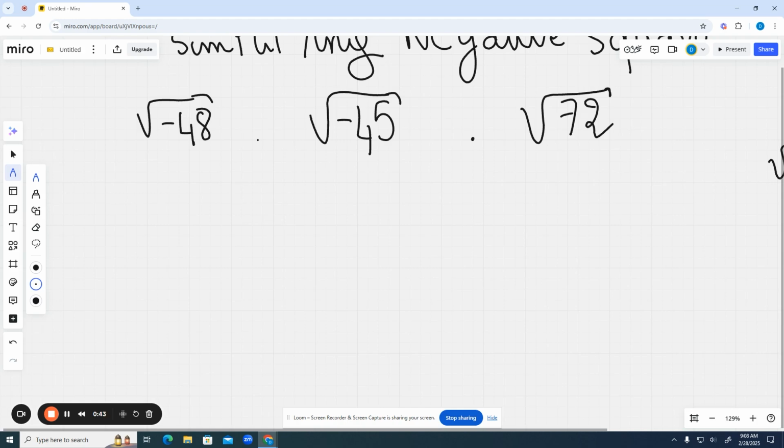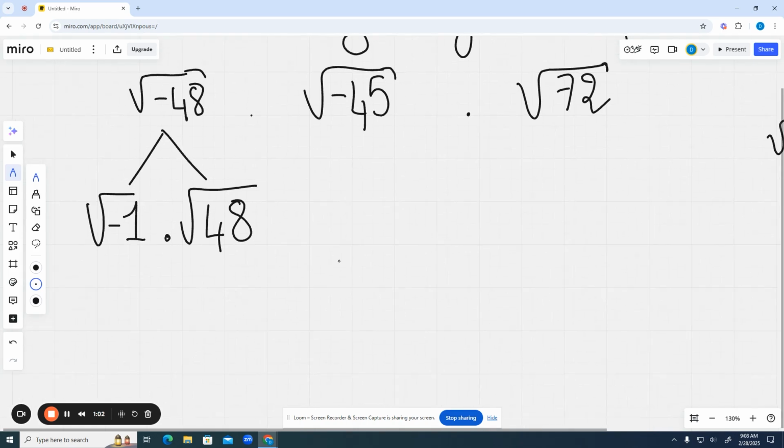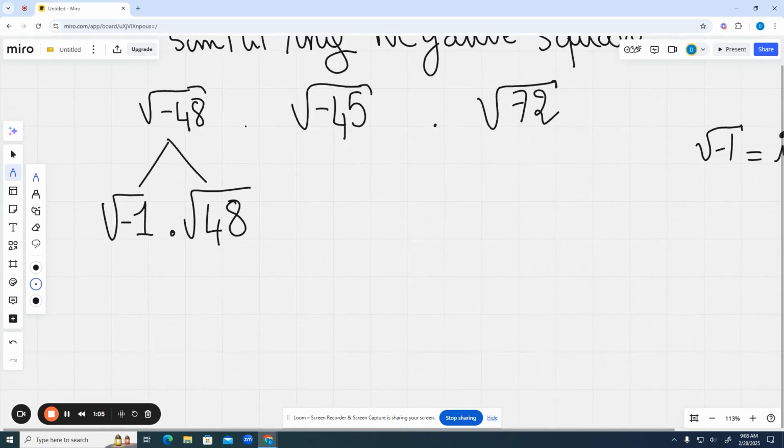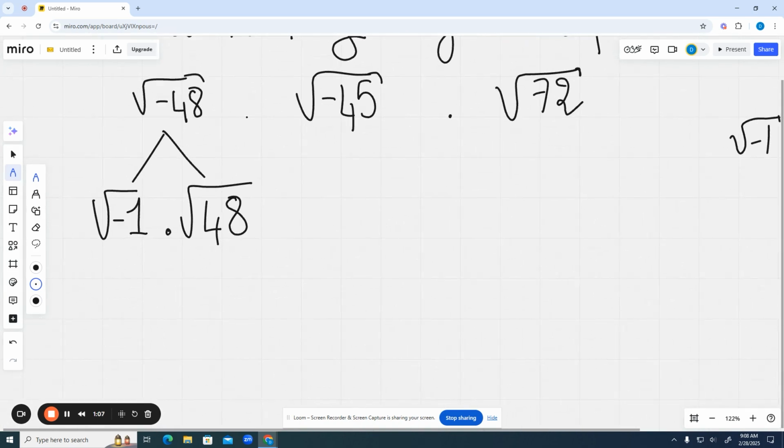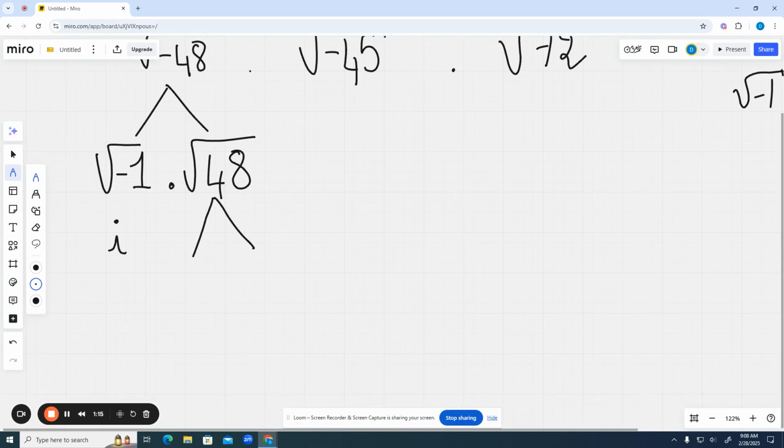So we have the square root of -48. We can break this down to the square root of -1 times the square root of +48. And we know that the square root of -1 is represented by i. We can break this down also to the square root of 16 times the square root of 3.